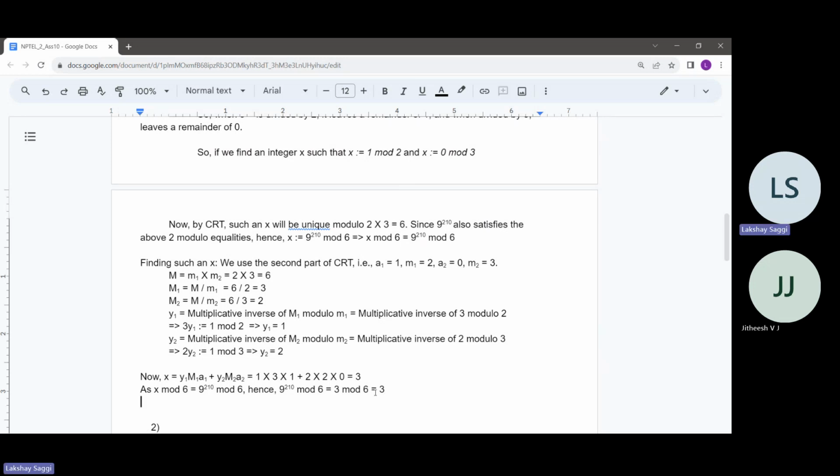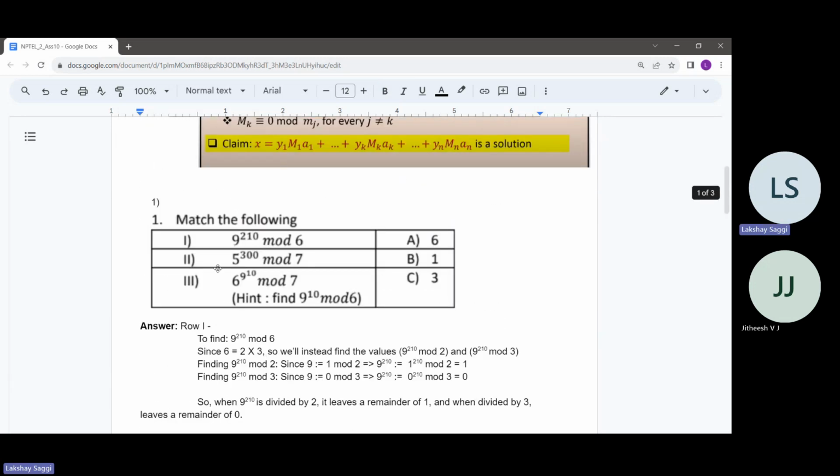So we obtain that this 9 raised to the power 210 mod 6 is actually equal to 3. Yeah, so this is the solution. So this 9 raised to the power 210 mod 6 will actually match this 3 here.